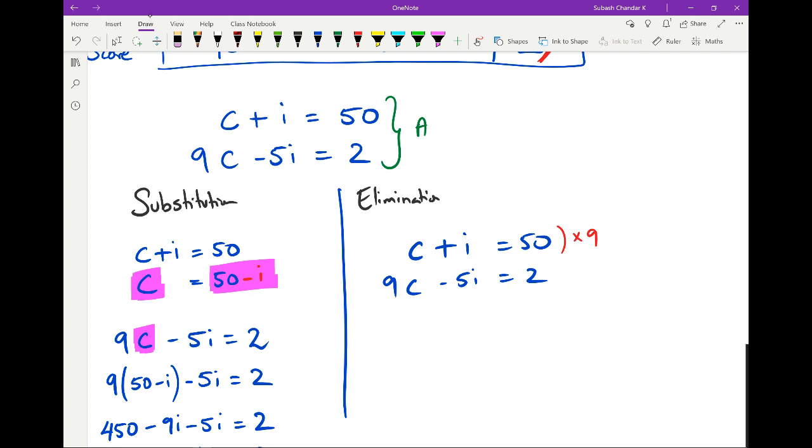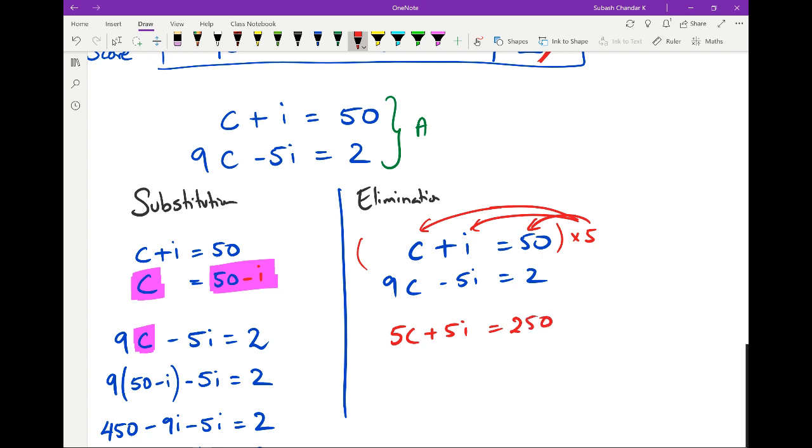So I would say, rather than multiplying it by 9, multiply it by 5, and I'll show you why. Because when you do that, 5 times C is 5C, 5 times I is plus 5I, 5 times 50 is 250.